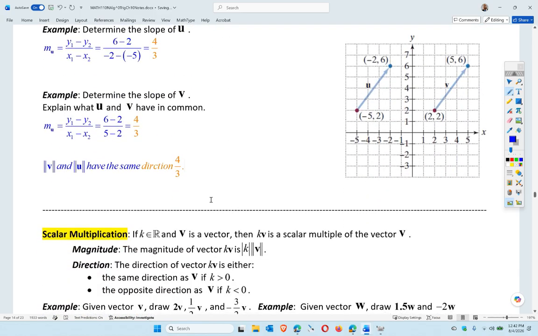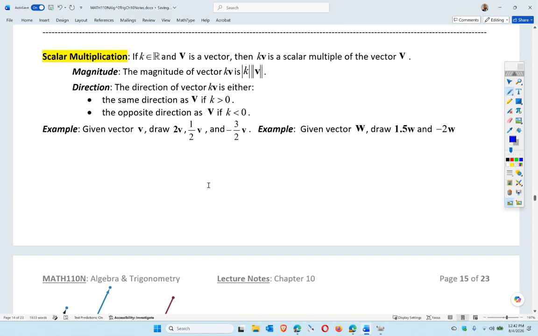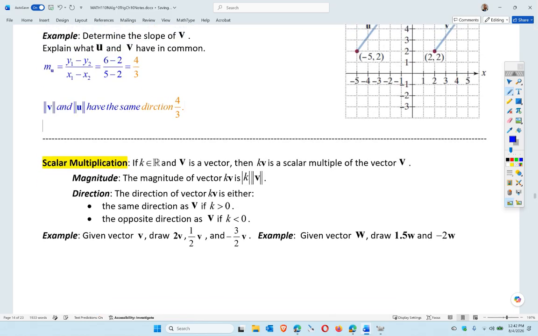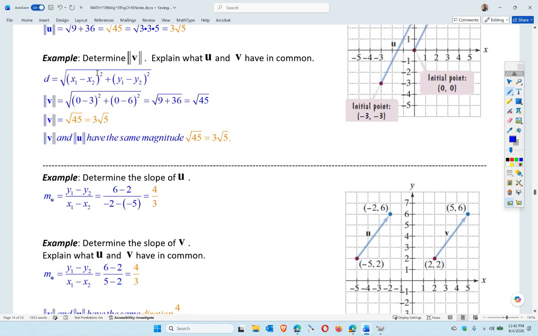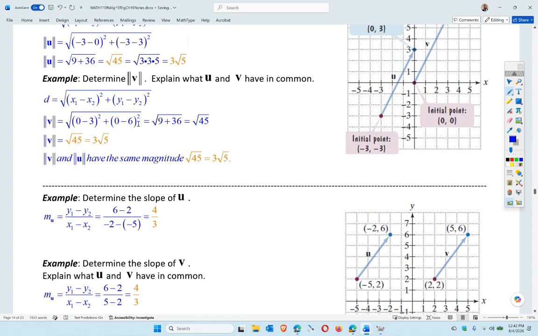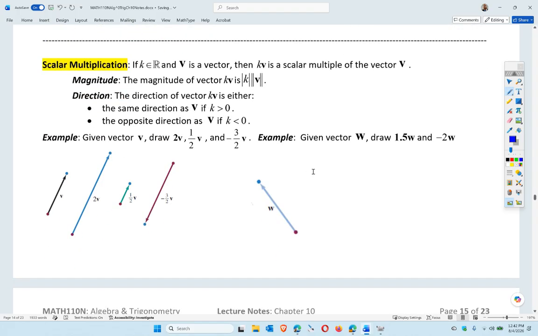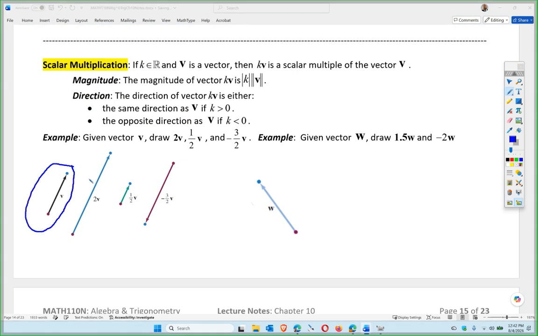Okay, scalar multiples. That's going to involve a little bit of drawing here. So let's get this out of the way. Let's say we have vectors, right? So this is my vector v. If I double it, 2v, it just doubles in length, stays the same direction. If I halve it, it stays the same direction, just half the length or half the magnitude.